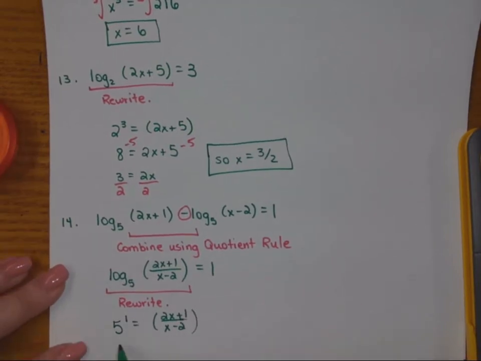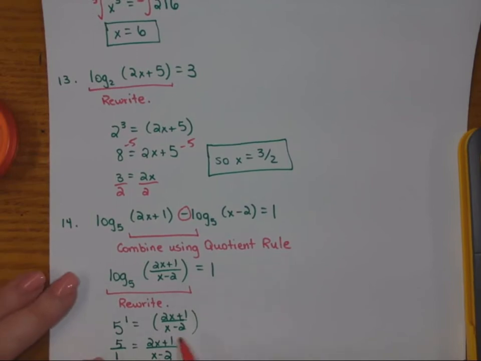Okay, so notice this is really just like 5 over 1 equals 2x plus 1 over x minus 2. Okay, and when you see it like that, hopefully you see that you can actually cross multiply here, but that is how you have to solve this.